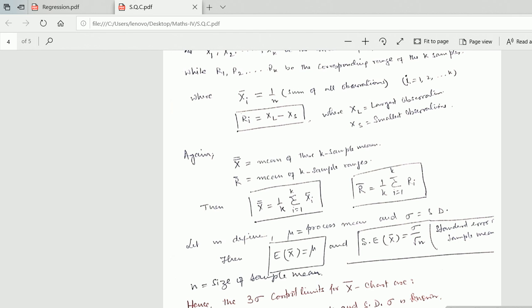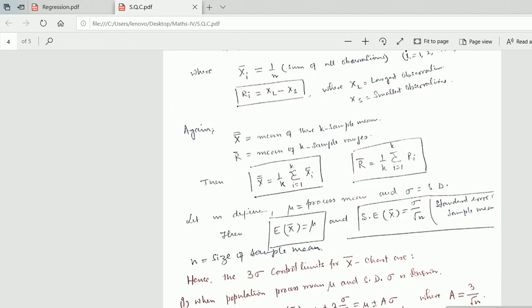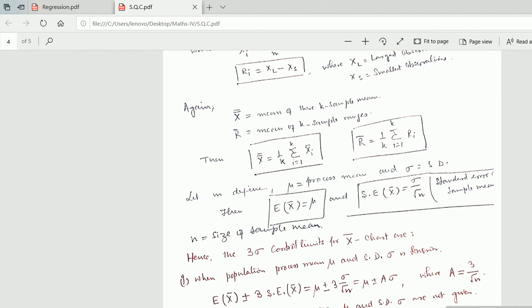Again, bar of X bar is equal to the mean of the k sample means, R bar is equal to the mean of the k sample ranges. Then bar of X bar is equal to 1 upon k summation i from 1 to k Xi bar, and R bar is equal to 1 upon k summation i from 1 to k Ri.